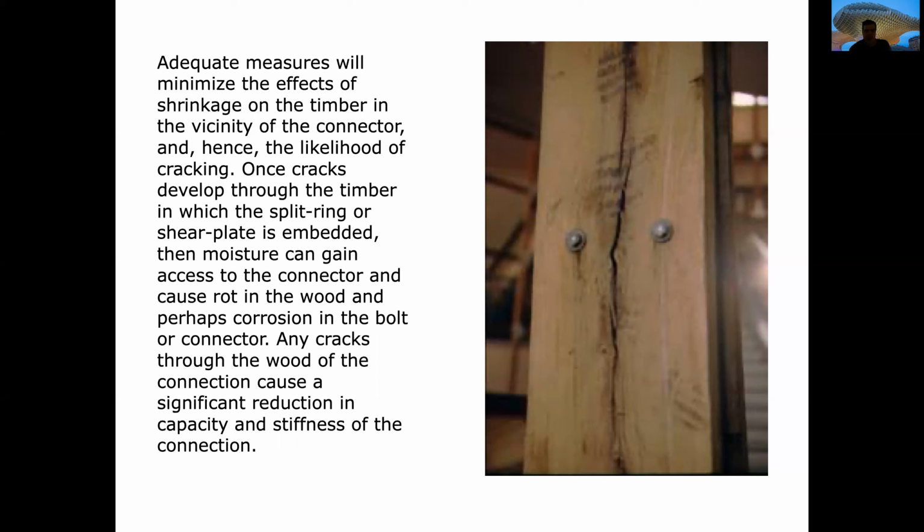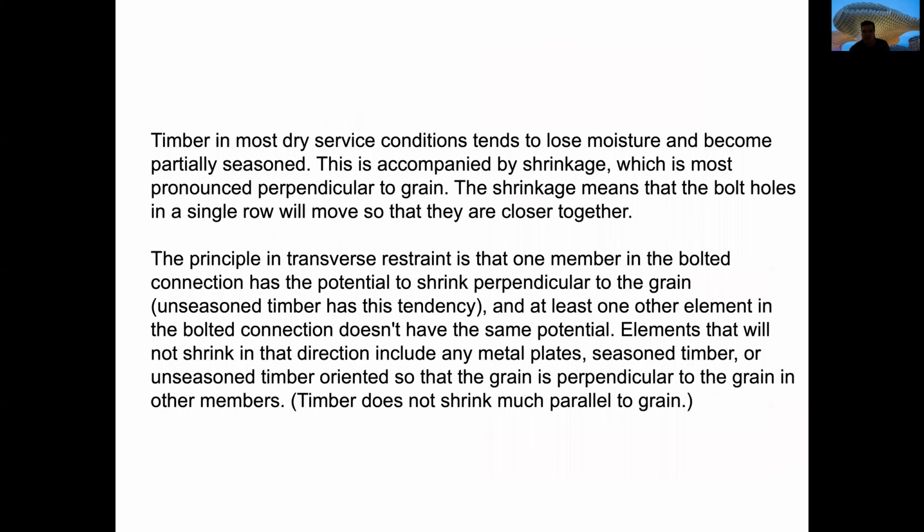Once a crack develops through the timber, where we have a split ring or shear plate embedded, the moisture can access the connector, and that moisture can rot the wood and possibly create corrosion in the connector. Well, any crack in the wood of the connection will cause a significant reduction of the capacity and the stiffness of the connection.